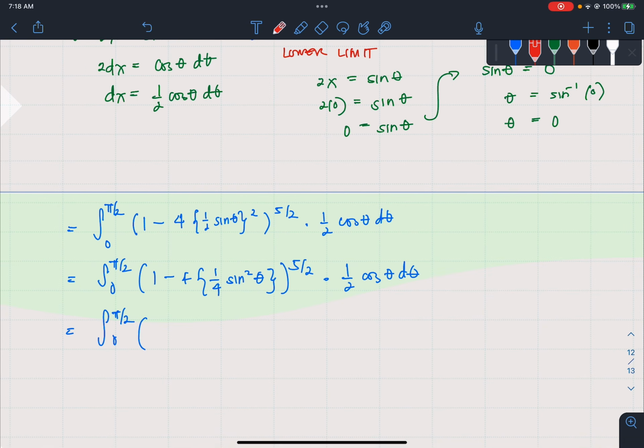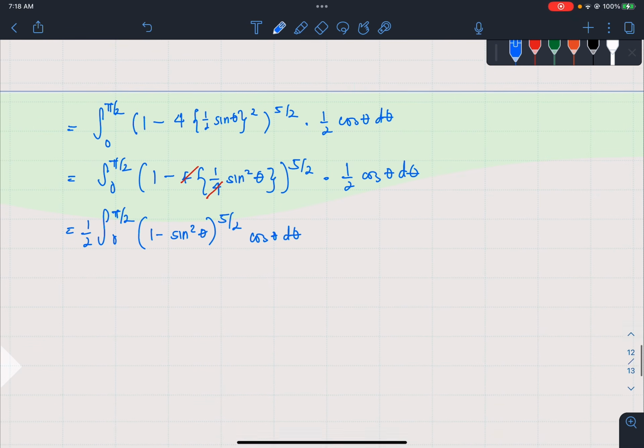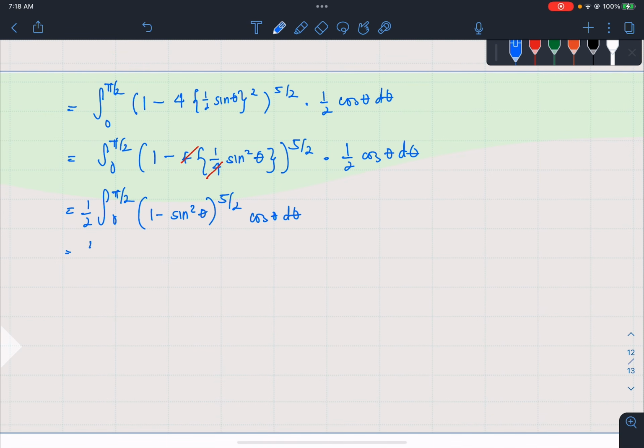So we can cancel the 4 and 4. It will just become 1 minus sine squared theta raised to 5 over 2. Let me move out the 1 half. So it will become 1 half cosine theta d theta. So I'll have 1 half from 0 to pi over 2. 1 minus sine squared is cosine squared theta, raised to 5 over 2, times cosine theta d theta.